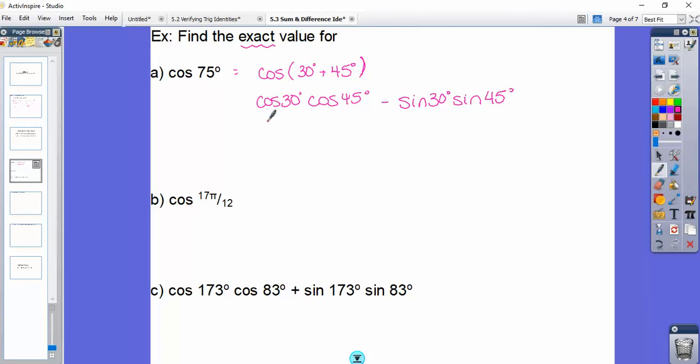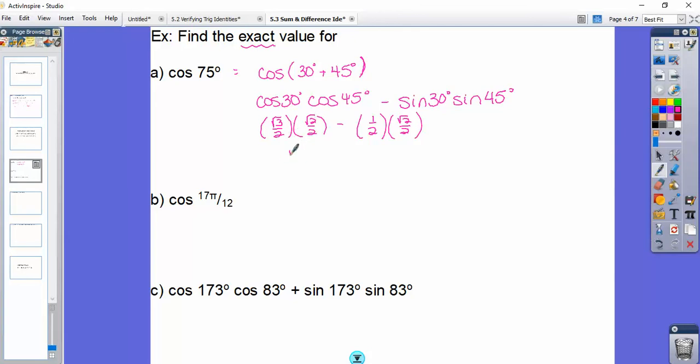Now it's a matter of your hand trick, unit circle if you need to. Remember, cosine is the x on the circle. So cosine of 30 is radical 3 over 2. Cosine 45 is radical 2 over 2. Sine of 30 is 1/2. Sine of 45, radical 2 over 2. When you're multiplying, if the numbers are both under the radicals, you can multiply them together.